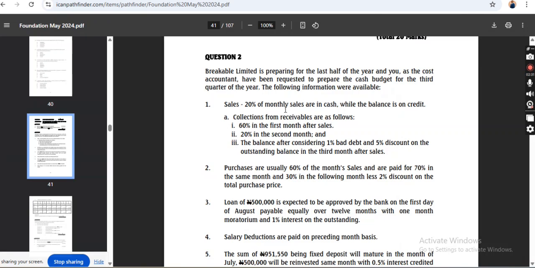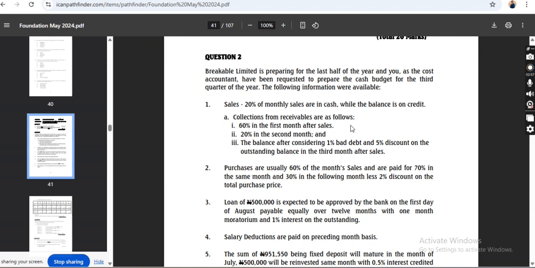Sales: 20% of monthly sales are in cash, which means 20% of monthly sales will be in cash. Everything should be 100%, right? If 20% will be in cash, what will happen to the balance? The balance is on credit. That is your receivable.